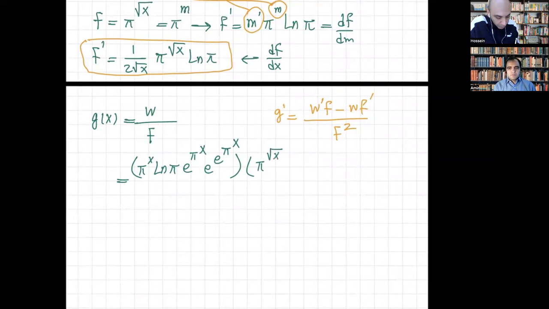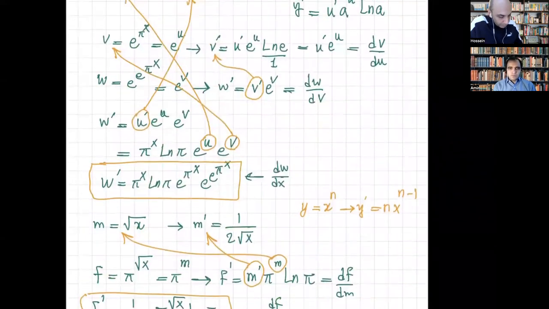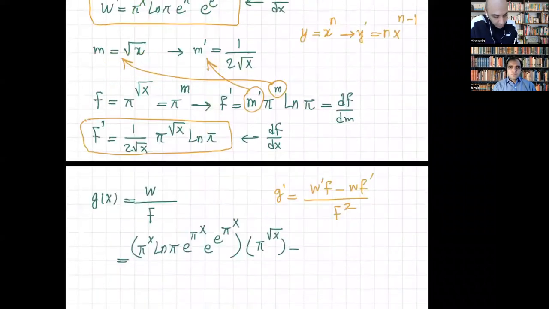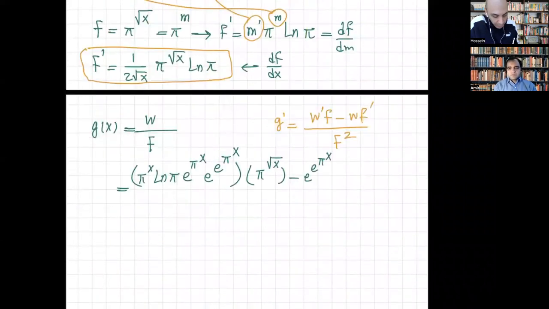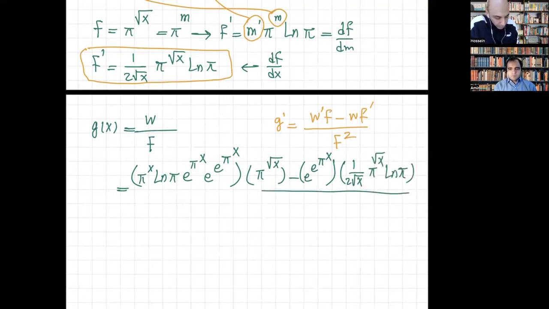Minus w, which is e to the pi to the x, times f prime, which is 1 over 2 times the square root of x, pi to the square root of x, ln of pi, then divided by f squared, which is pi to the square root of x squared.